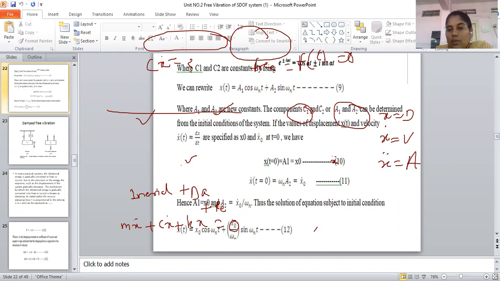These three forces come from considering this free body diagram. As per the last lecture, this diagram is of the damped free vibration system. You should first understand what type of question is asked, whether it is a damped system or an undamped system.